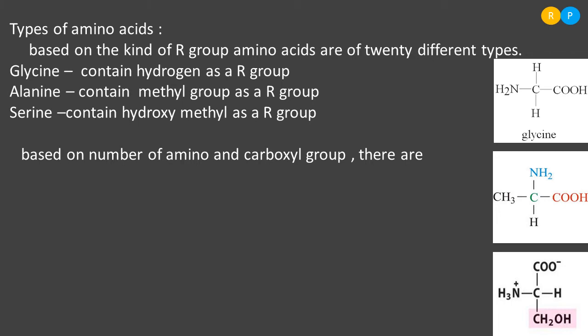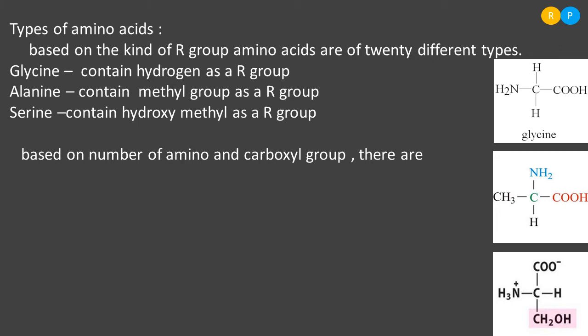Suppose one of the amino acids consists of more than one carboxyl group. The carboxyl group is actually an acidic group. So when the acidic group is present in greater number, that amino acid is considered an acidic amino acid. Right?